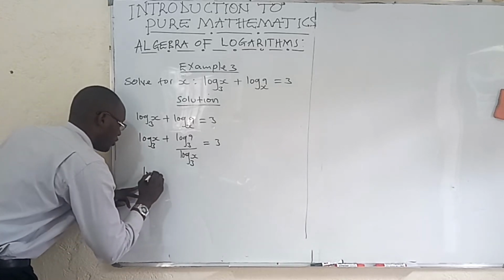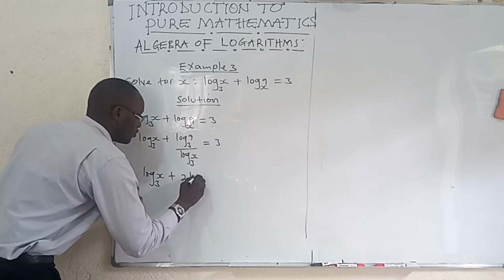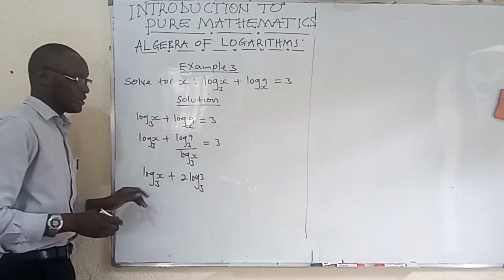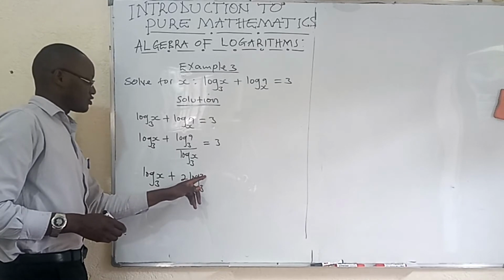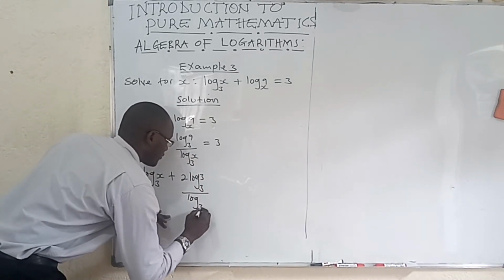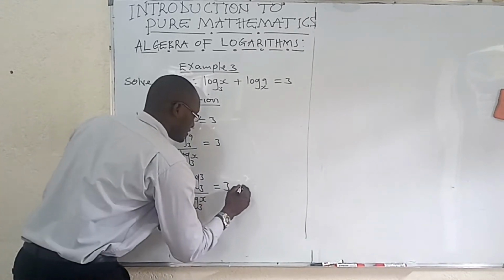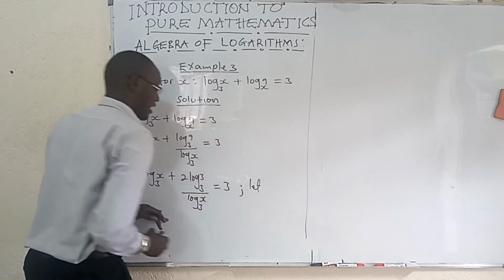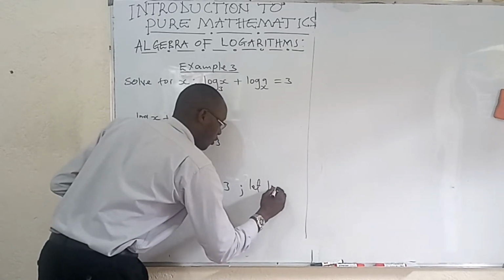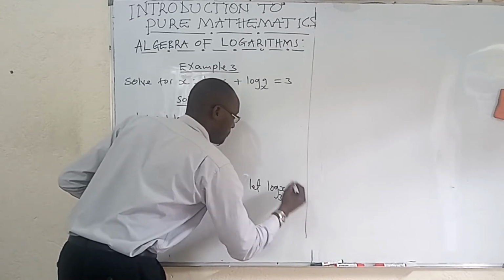So we shall have log base 3 of x plus 2 log base 3 of 3. This 2 has come from making 9 a 3 squared. So all over log base 3 of x, which is equal to 3. Then I can tell the examiner, Mr. Examiner, sir, let log base 3 of x be equal to, maybe, p.